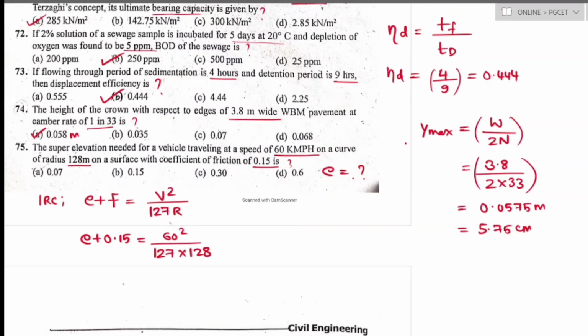By substituting these values, you will get the super elevation as 0.0714, that is equal to 0.07. So option A will be the right answer, 0.07.